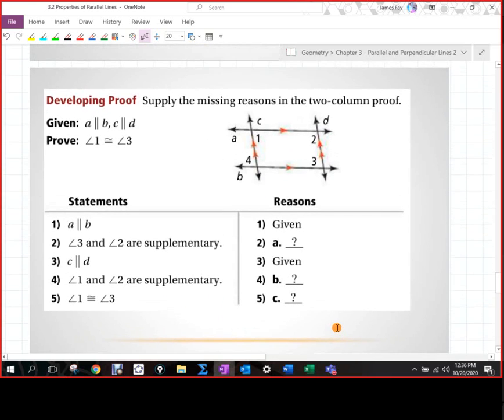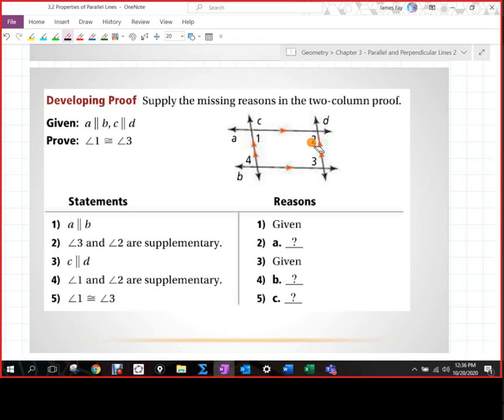Let's look at this one. It says, supply the missing reasons in the 2-column proof. Here it just says A is parallel to B, and C is parallel to D. Does anybody know what that shape provides us? Looking at this shape here on the inside, it could be a square, but I don't know enough information yet to classify it as a square.